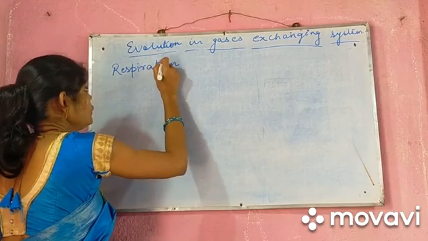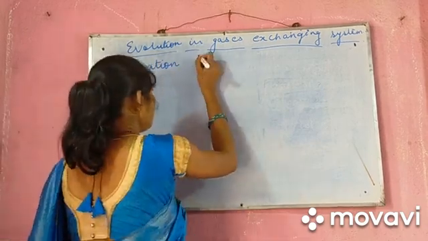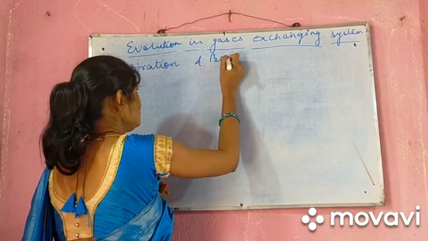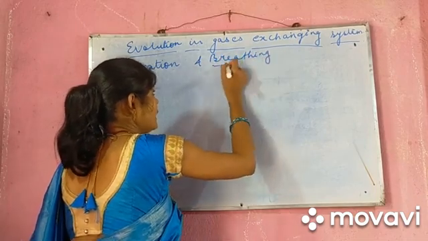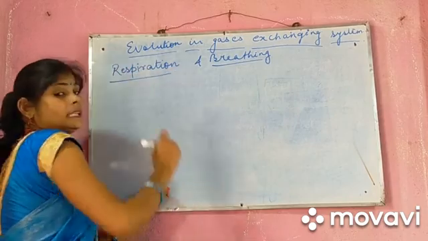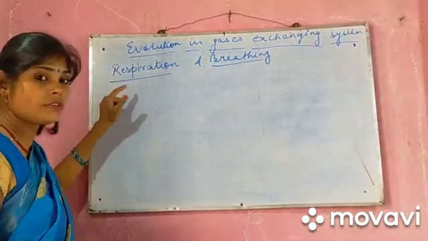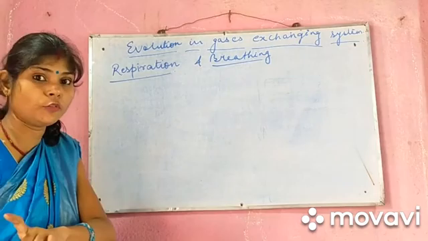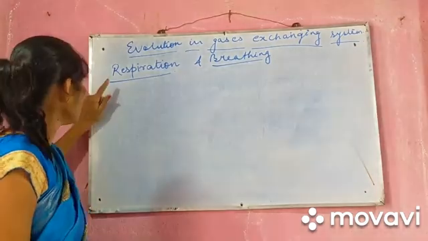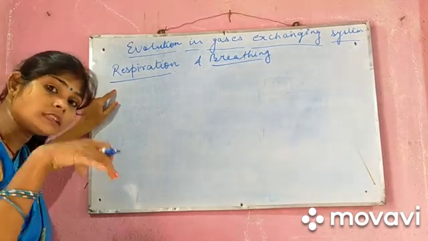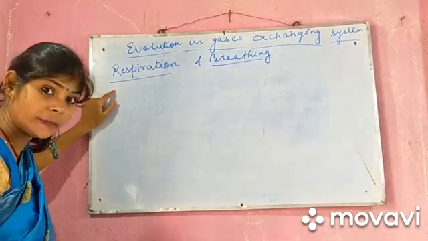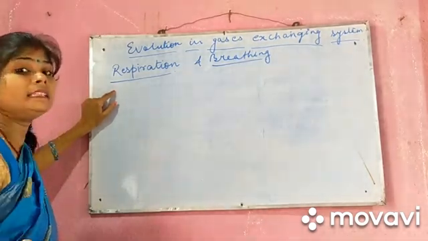It is a very common word. It always looks similar, but it is not similar. It has a very big difference. Listen to my words carefully, whatever I am saying. Respiration is the process in which oxidation of food particles takes place to release energy.